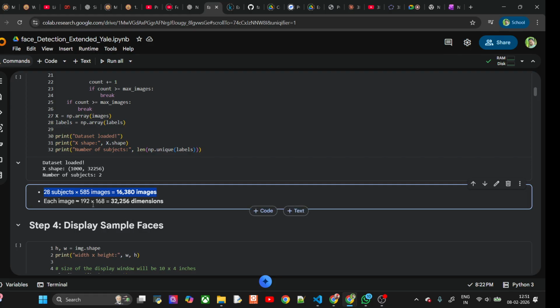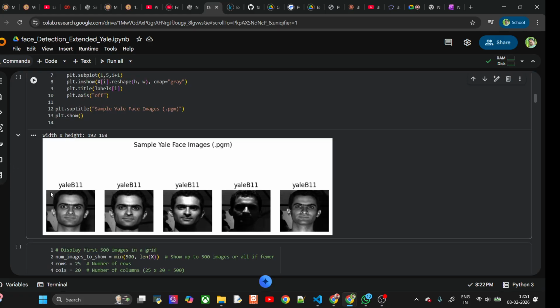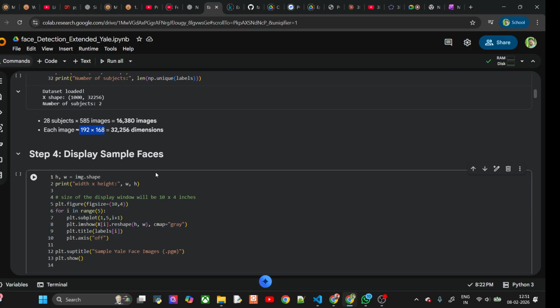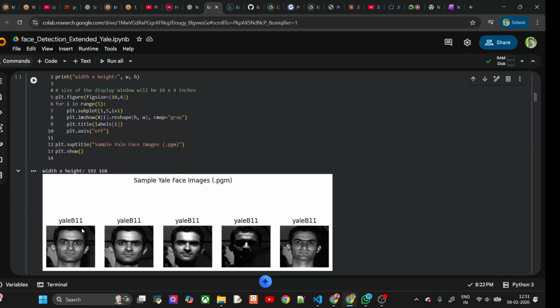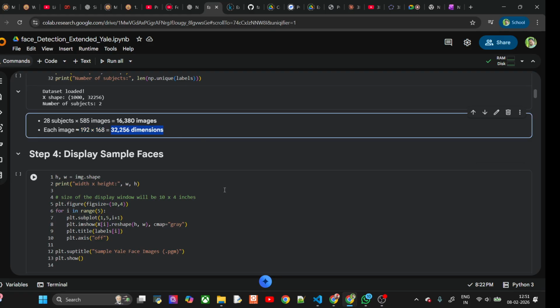Each image is of size 192 cross 168, where 192 is the number of rows and 168 the number of columns. If you multiply them, it's 32,256 dimensions, since each pixel is considered one dimension.